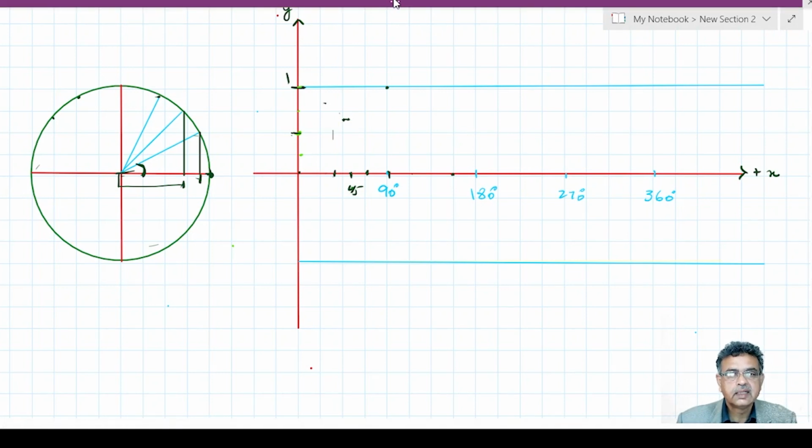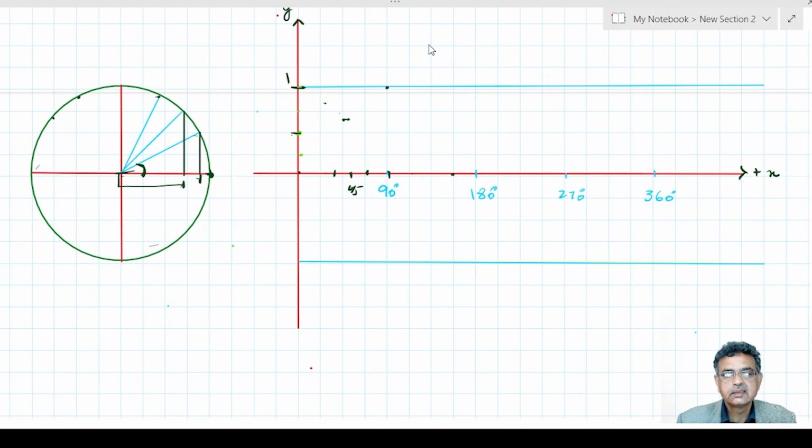Then when the angle is 60 degrees, you can see that this length of adjacent is exactly half of this total distance.